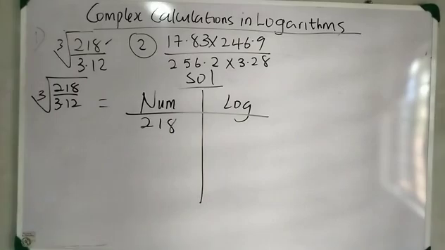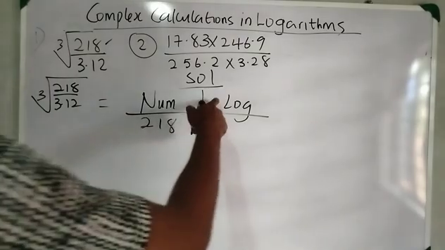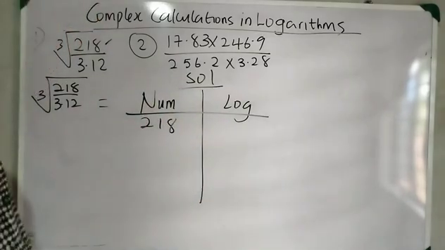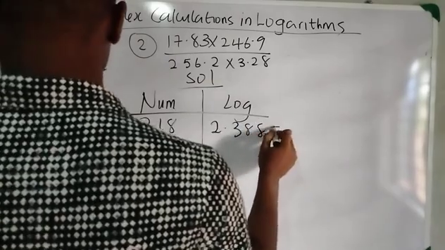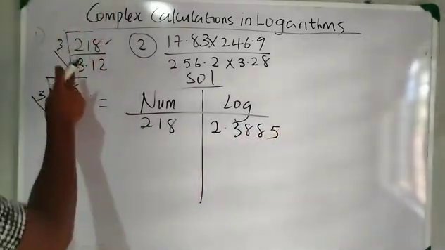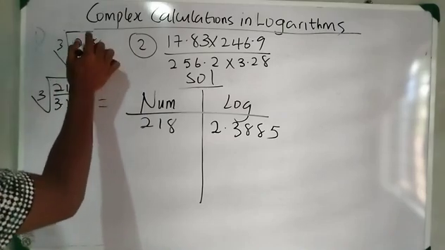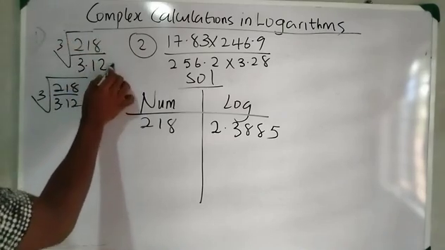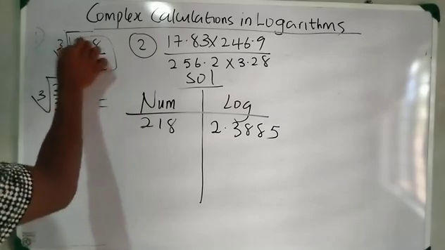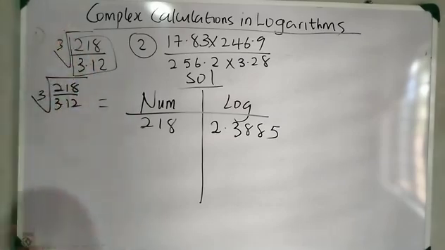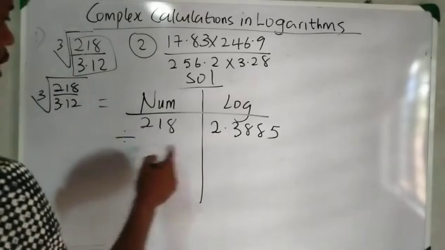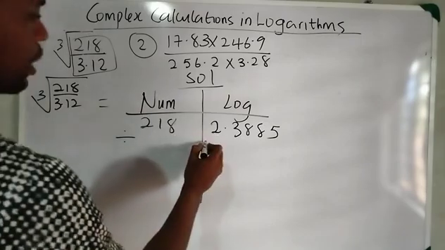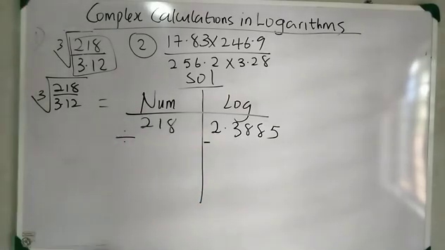Alright, so when you write that 218, you are going to look for its logarithm. The logarithm of 218 is 2.3885. And then we can now move on, right? So we are basically taking care of everything here first. After that, we can take care of the cube root sign. So divided by, when numbers are dividing, their logarithms will subtract. Don't forget.